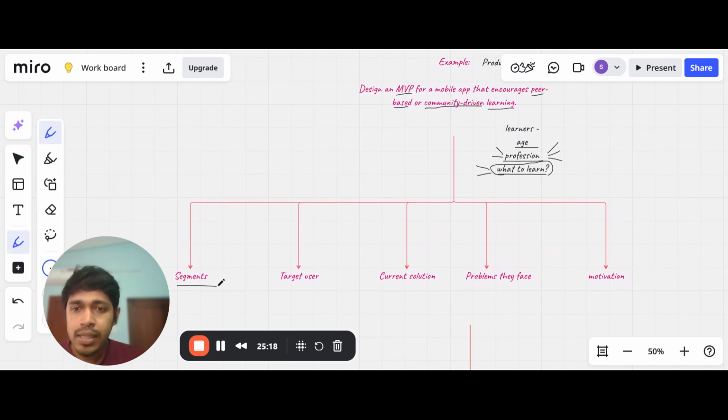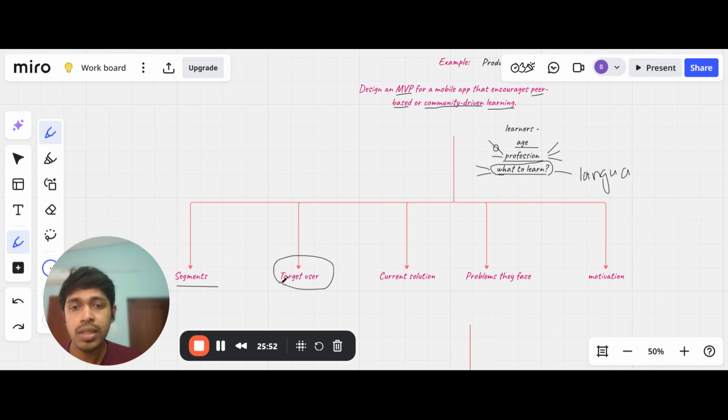So once we segment the users, we have to select one segment out of those. Let's say we were segmenting in terms of profession. Then we have to select one target segment, let's say doctor. Or if the criteria is what to learn, let's say they are trying to learn different languages. If that is one segment, we have to select one target user segment. This is the next idea.